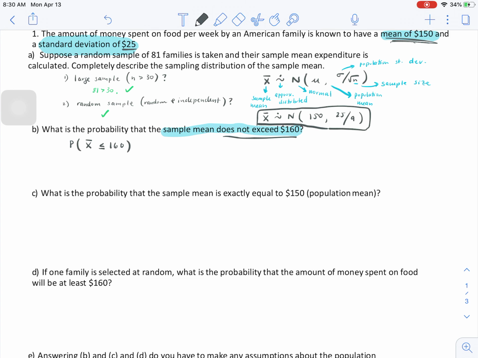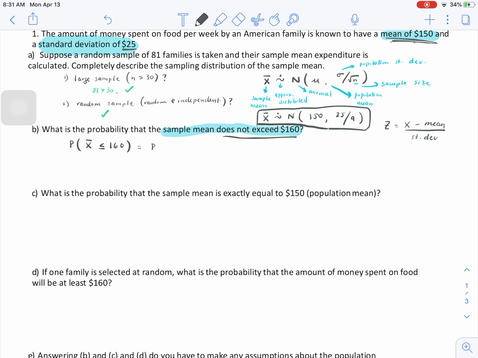Now, how do we calculate this? I know that my sample mean is normally distributed, so for any normally distributed variable, to calculate probabilities associated with it, all we have to do is convert it to a standard normal. Remember that our conversion formula for any normal variable is we subtract its mean and divide by its standard deviation.